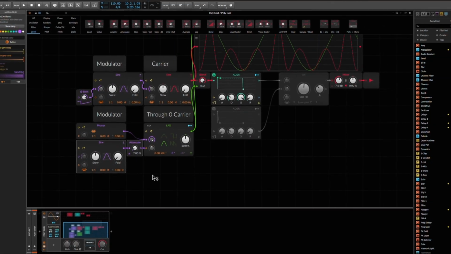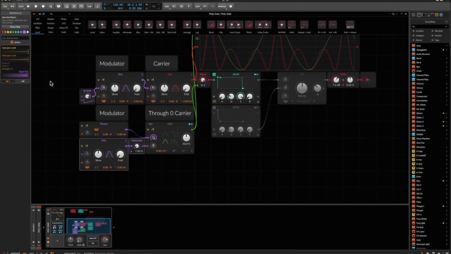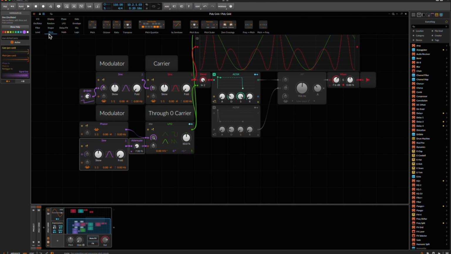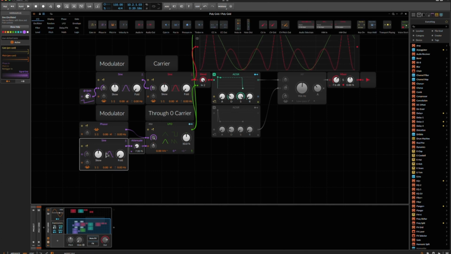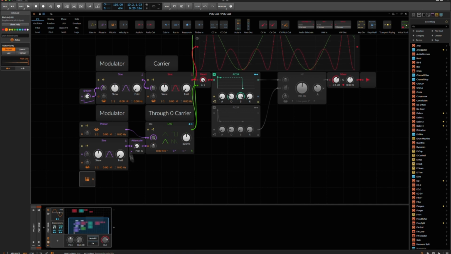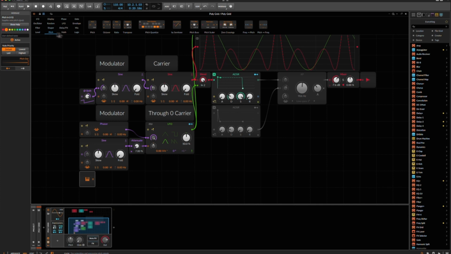Bitwig allows us to do this relatively easily. So first we need an input that delivers us the pitch. We need to know which note is actually playing so that we can translate the signal into something else. And we have this fancy little module that does all the math for us, and it converts a pitch signal to hertz.